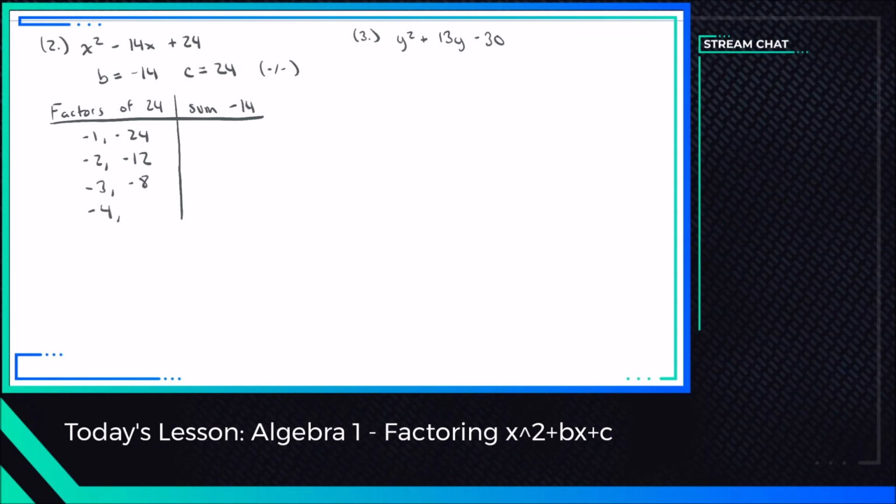Negative 4 and a negative 6, and that's about it. Here you're going to have a negative 25, a negative 14, negative 11, and negative 10. 2, 12, 14, that's what we want. So x squared minus 14x plus 24 is going to factor down to x minus 2 multiplied by x minus 12.